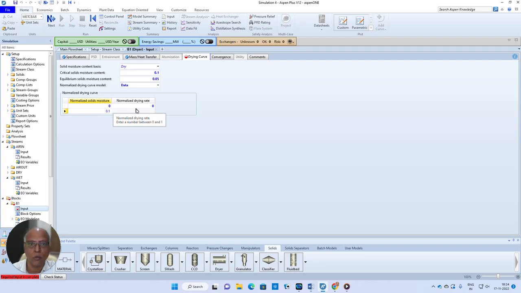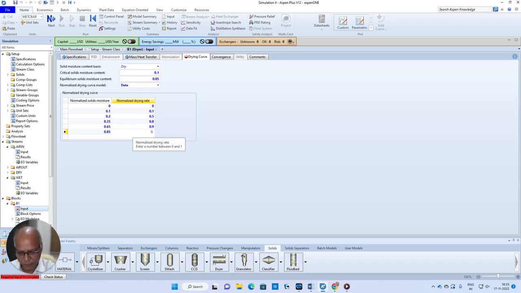0.1, 0.1, 0.2, 0.5, and 0.35, 0.8, and then we have 0.65, 0.9, 0.85, 0.95, 1 and 1.